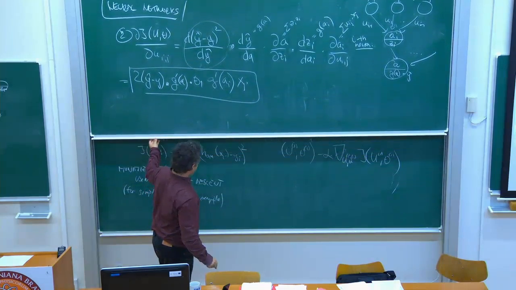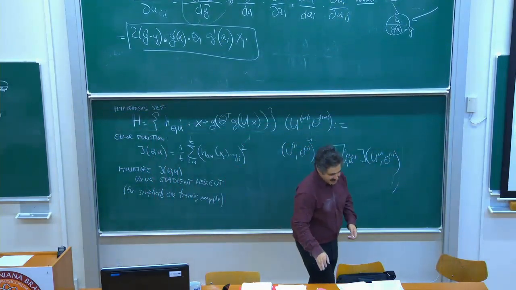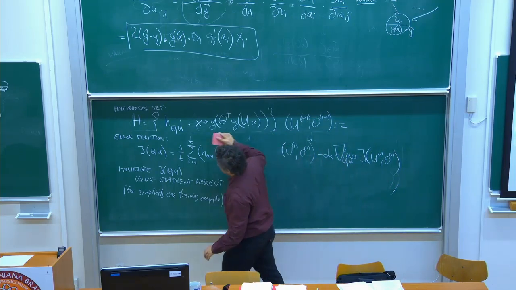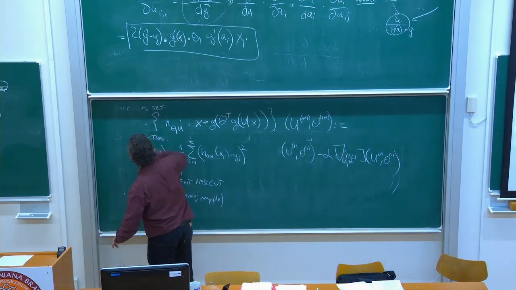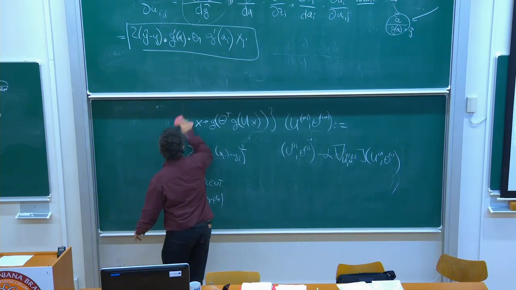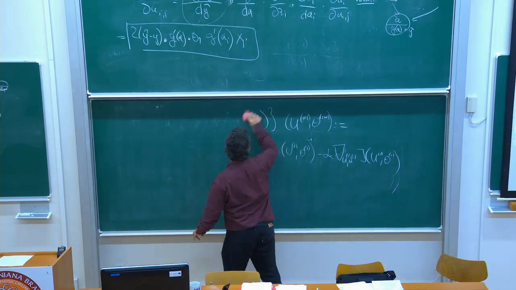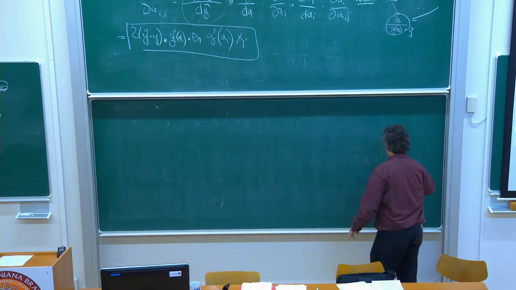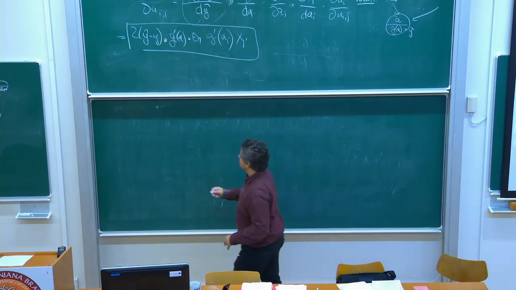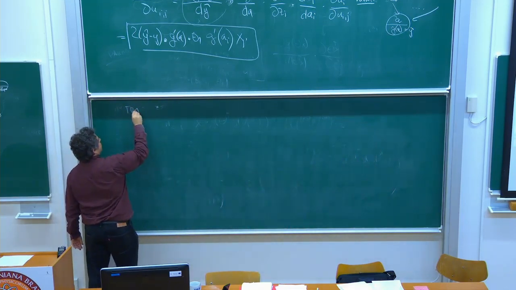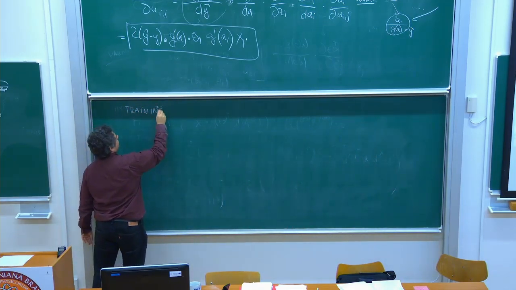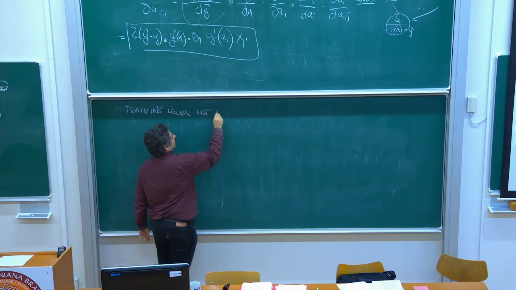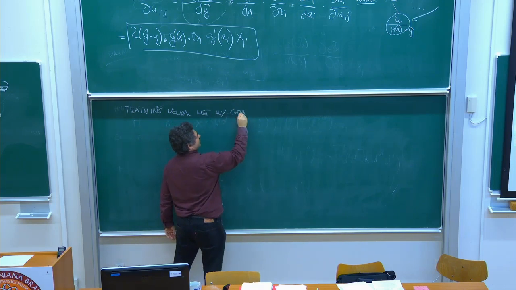So basically, what are we doing when we are training neural networks, right? So when we want to train a neural network, training a neural network with backpropagation, with gradient descent.